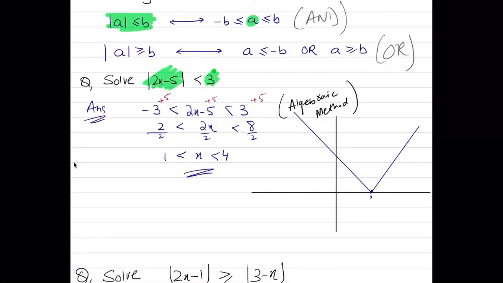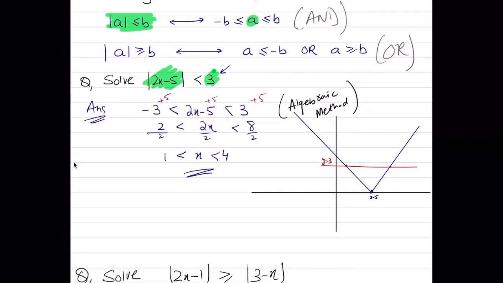So this is going to be 2.5 or 5 over 2, and then this is the y equals 3 line.